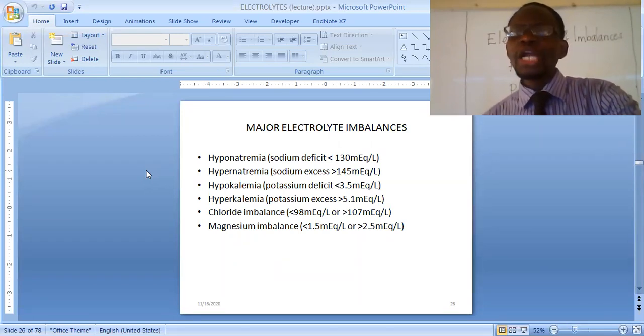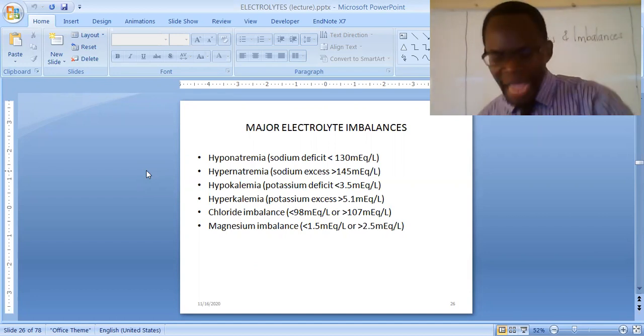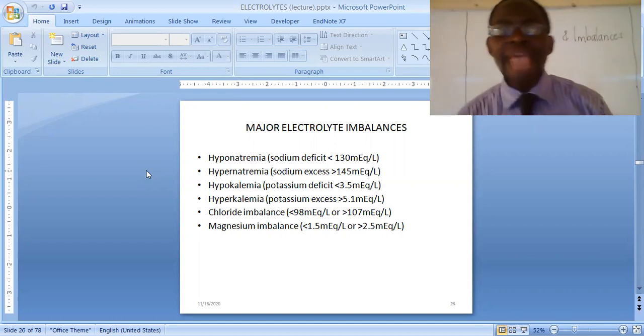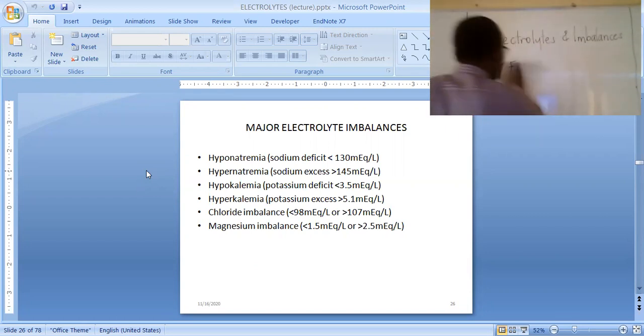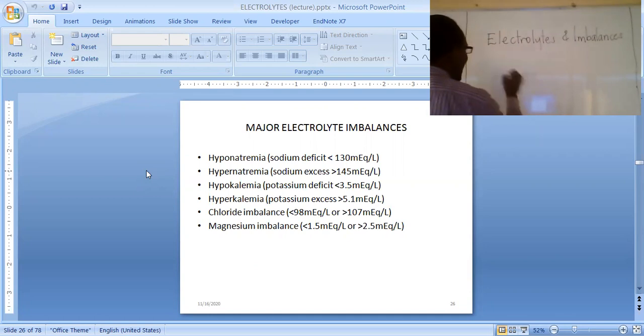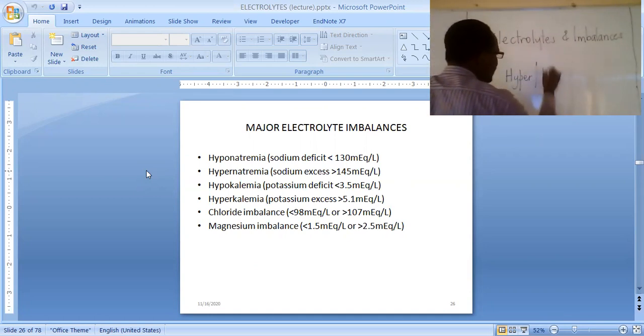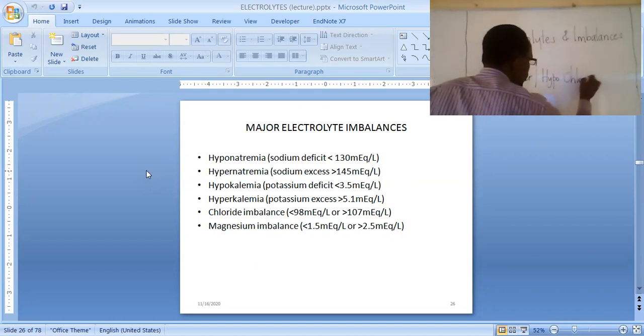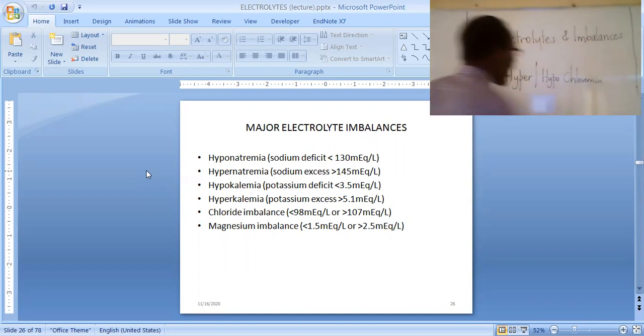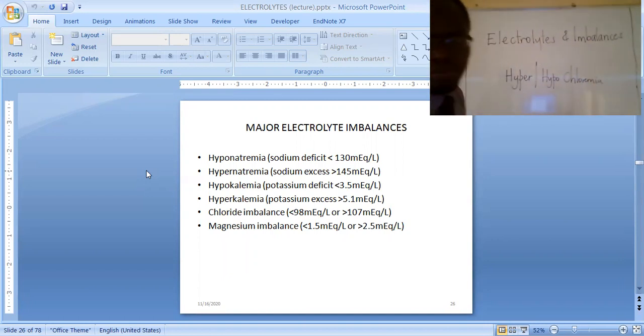and hyperchloremia, which are the imbalances as far as chloride is concerned. Hyperchloremia and hypochloremia. Those are the imbalances of chloride.